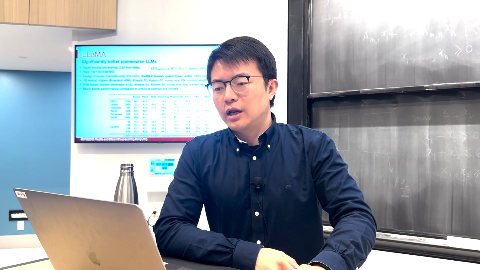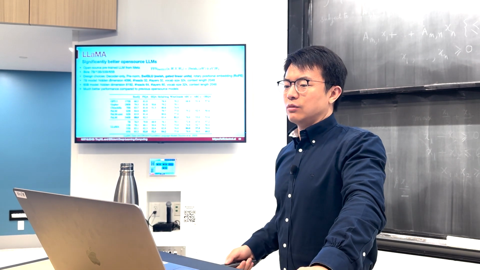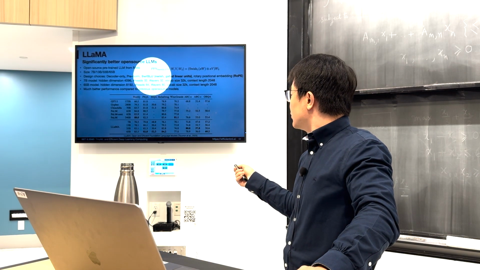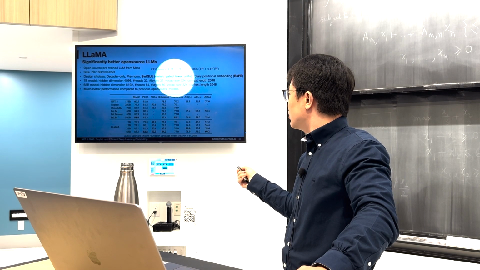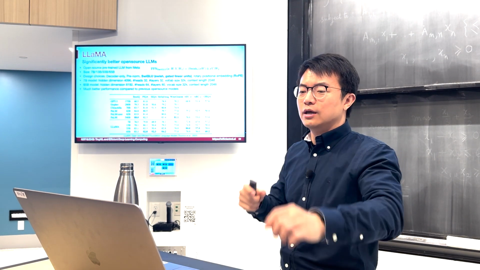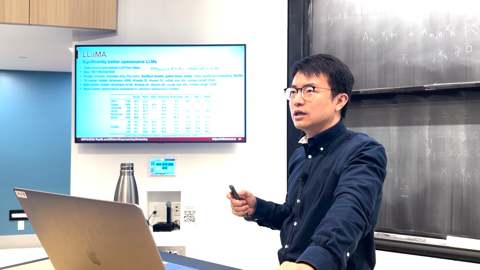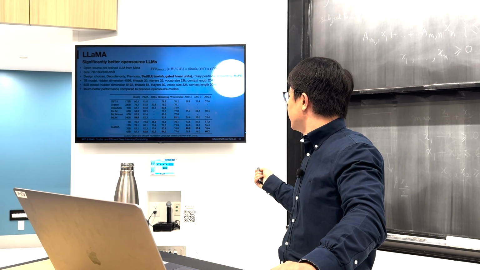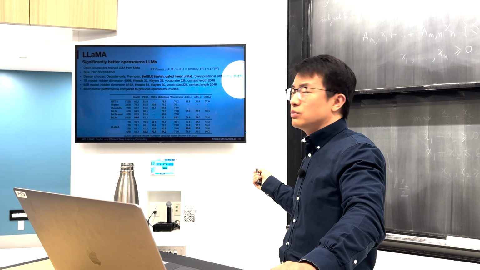And then Meta released the Llama model. Here it's using the SwiGLU activation function, followed by the gated linear units. Gated linear units is basically three matrices, 8D divided by 3, and it's using rotary positional embedding. We just talked about that.